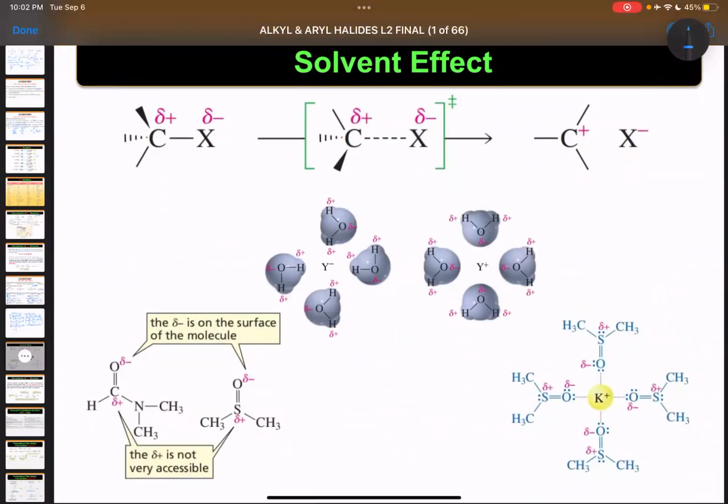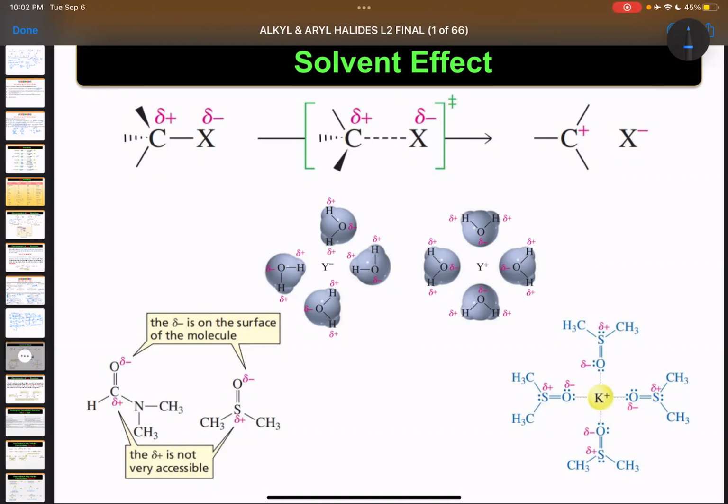Polar protic, aprotic. SN1 requires protic solvent. Why? Because the cation and anion need to be stabilized. And who stabilizes the cation and anion?